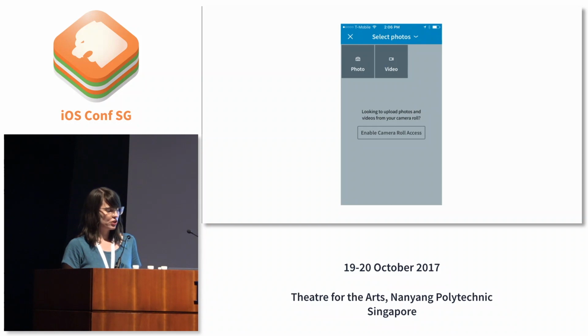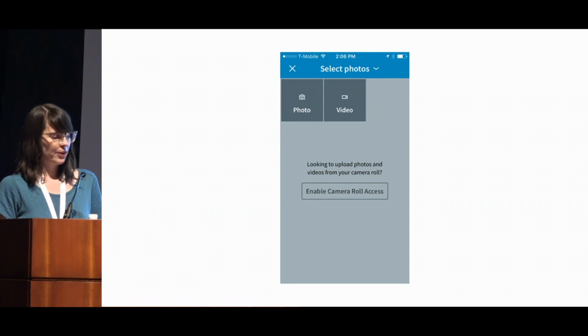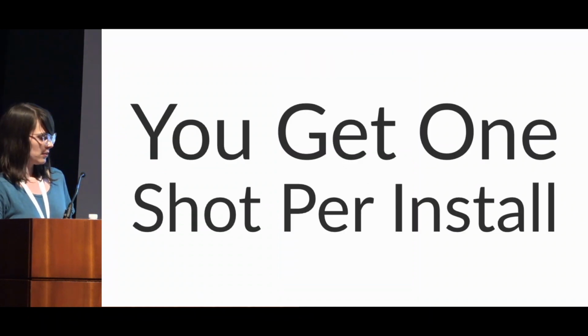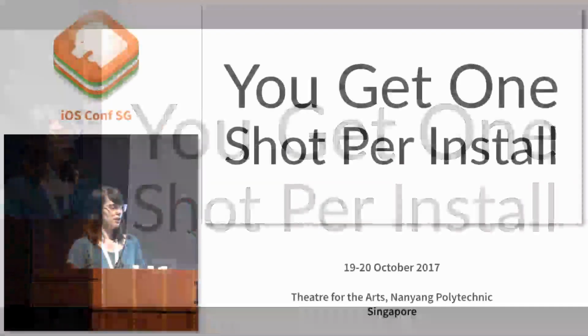Instead of repeatedly showing an alert to someone without camera roll access, we have this button on the photo picker. If someone is wondering why their photo picker is empty, they'll see exactly what the problem is and how they can solve it. You only get one shot to ask the system alert per install.